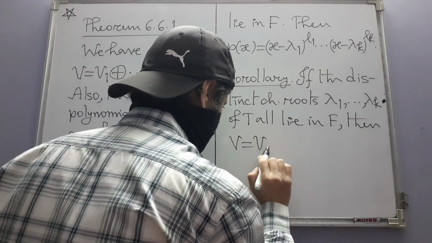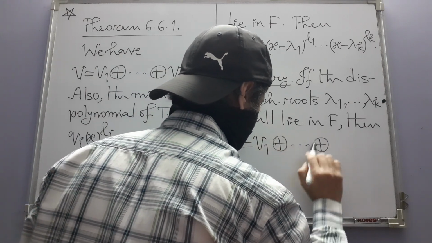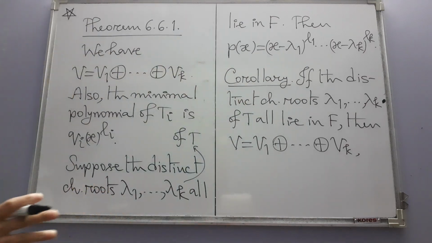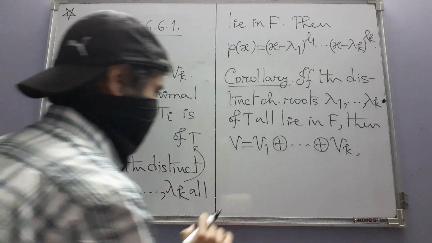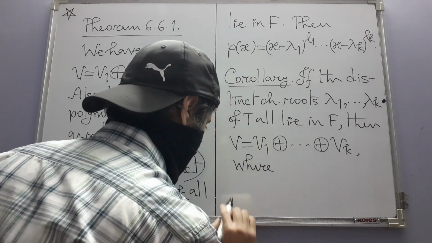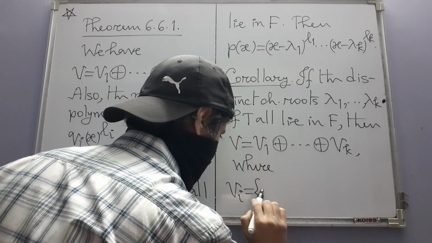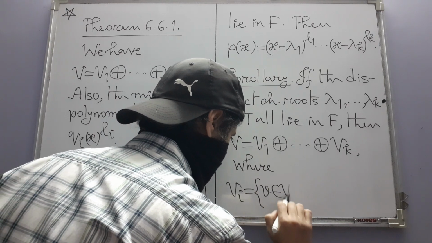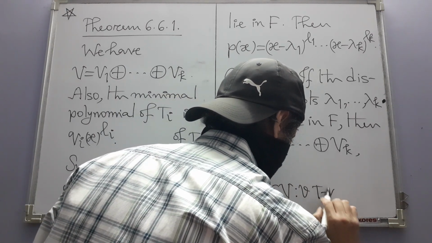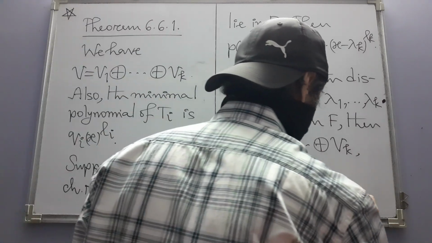V is still the direct sum of those subspaces, but now the subspaces will themselves look somewhat special, where each V_i now is this, where it's annihilated by this special operator (T minus lambda_i) to the power L_i.